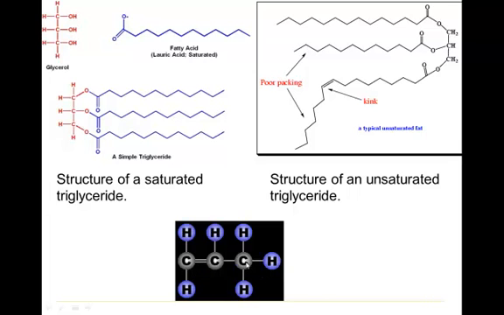The carbon on the right, we can count 1, 2, 3, 4 bonds. The carbon in the center, 1, 2, 3, 4, because there are 2 double bonded there. Now we can see that this is not saturated because this double bond could in fact be broken and another hydrogen could be present on these 2 carbons in the center and on the left.